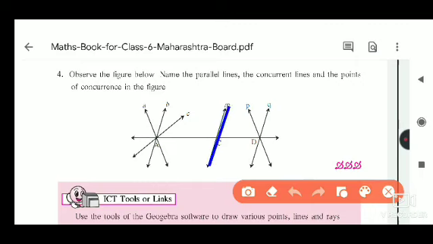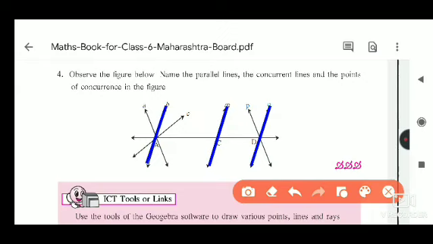This is line M, this line Q, and afterwards this is line B. These three lines are parallel to each other. So you have to write line B, line M and line Q are parallel to each other.